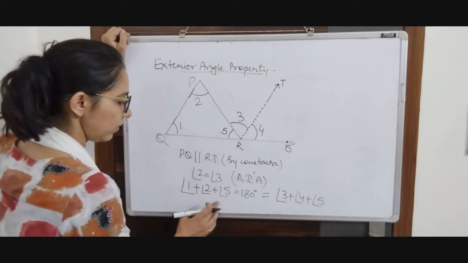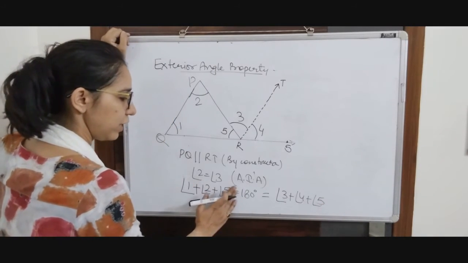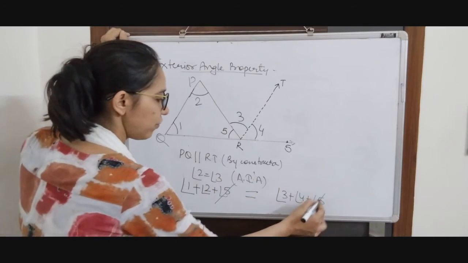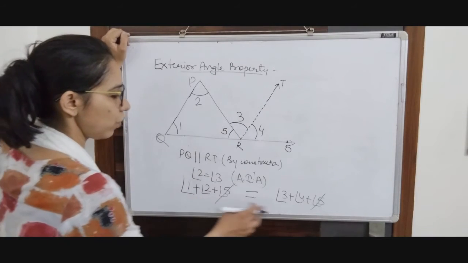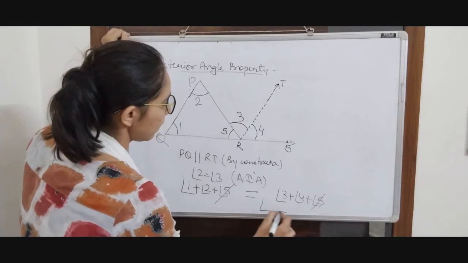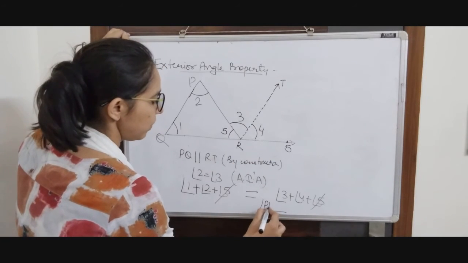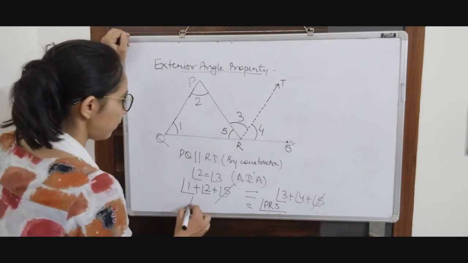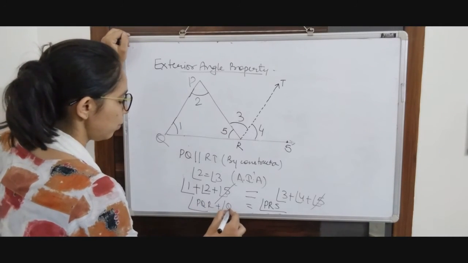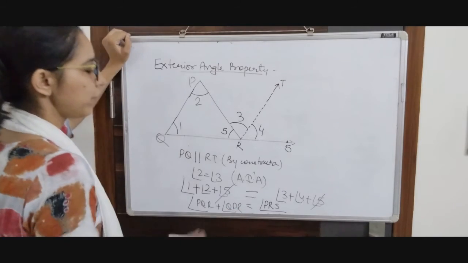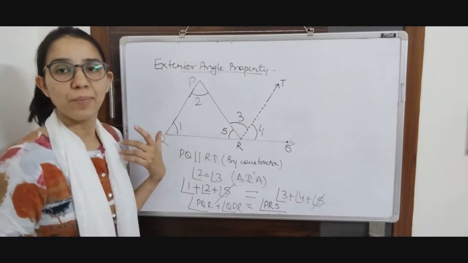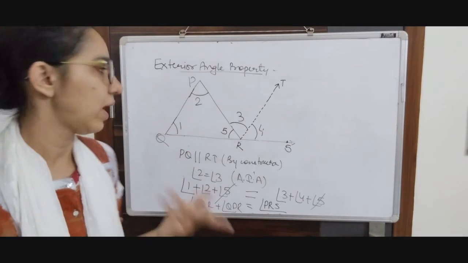Now this is equal to 180, this is equal to 180, it means they are going to be equal to each other also. Now we can cancel angle 5 and 5. So angle 1 plus 2 is equal to angle 3 plus 4. What is angle 3 plus 4? It is your exterior angle, which is PRS, and angle 1 and 2 are your PQR and QPR. So your exterior angle is equal to the sum of the interior opposite angles.